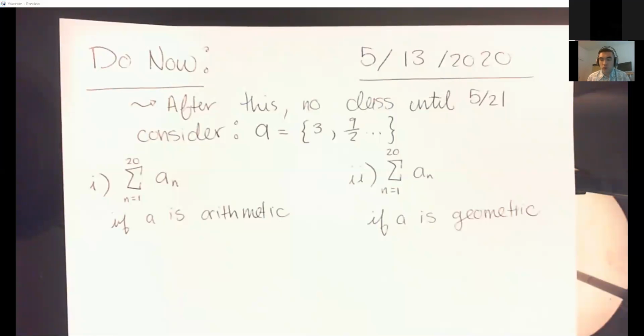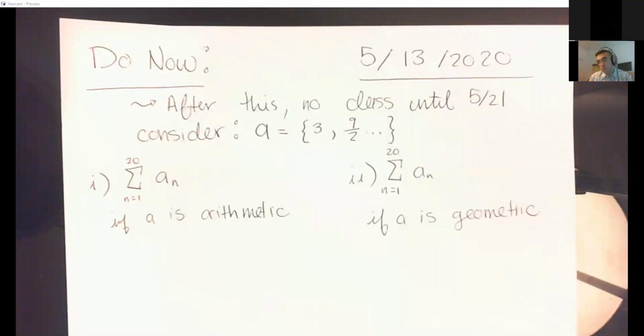You either need 3 points to fix the behavior of a function, or you need to know what type of function it is outright. So item number 1, assuming that these first 2 points are generated arithmetically, find the series for the first 20 terms. And then item number 2, find the series for this if it happens to be produced geometrically.